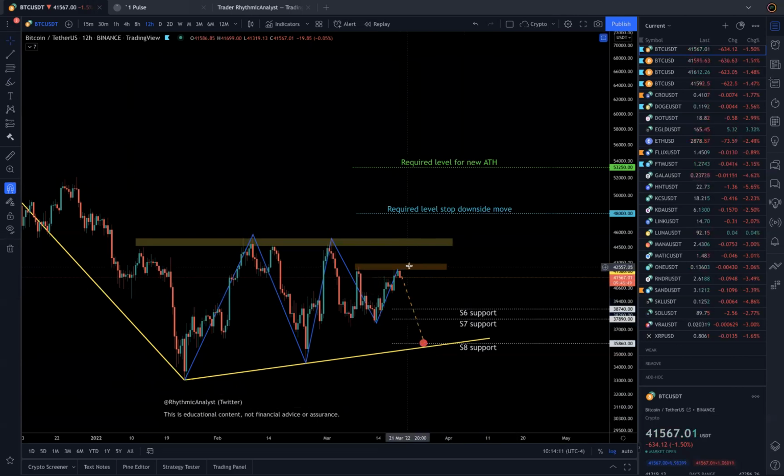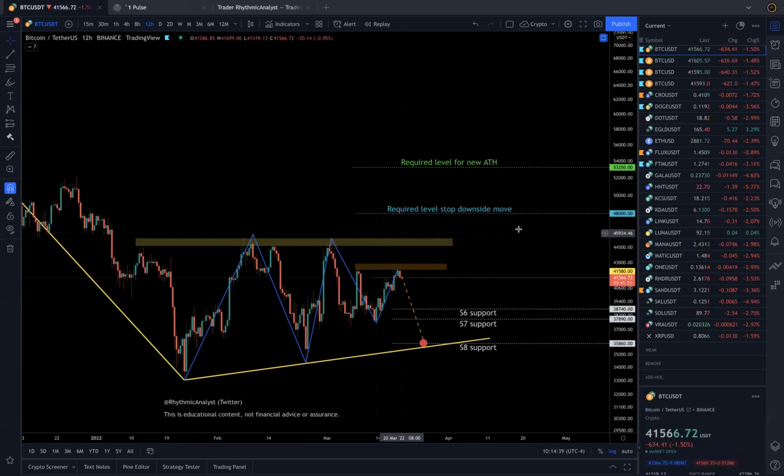And of course, what we want is for it to break above this band this time. What does it mean? 45,000, a few 500 maybe. At least that is needed to come out of the structure, because this level is important. It's not about the exact dollar number. This was around 45,500 and this spiked up.